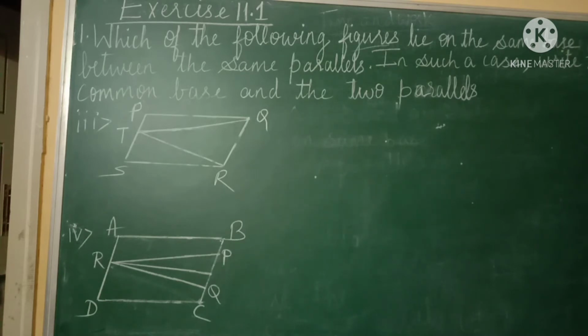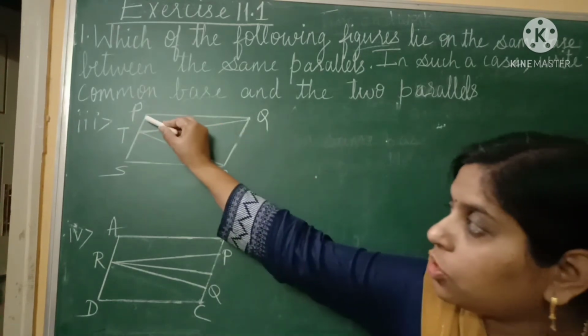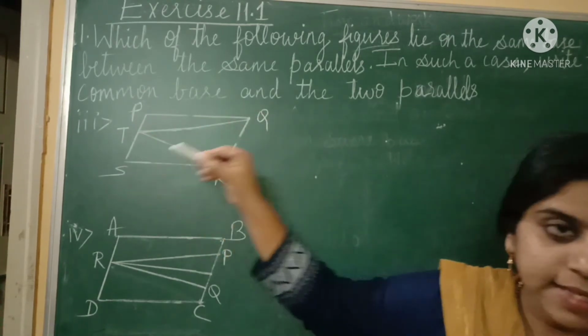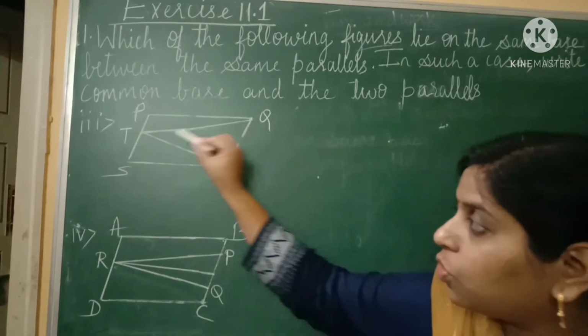In such a case, write the common base and the two parallels. In the third question, there are two figures here: the parallelogram PQRS, and you have a triangle, that is QTR.